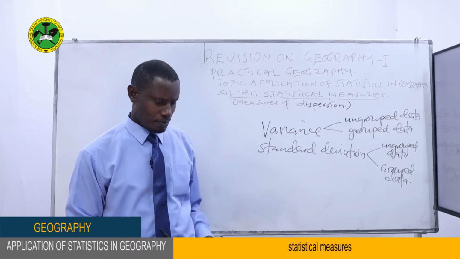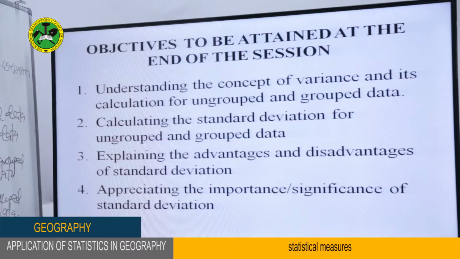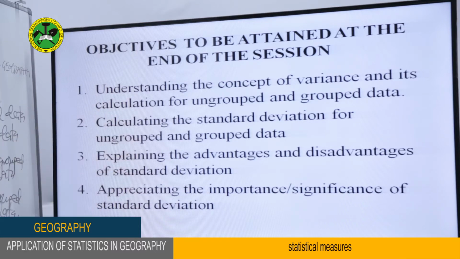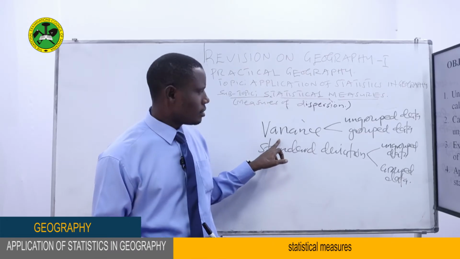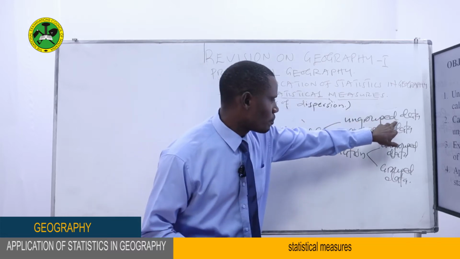But before we proceed with our revision, that revision is intended to attain 3 objectives. The first objective is about understanding the concept of variance. Then we should be able to compute the variance for ungrouped data and grouped data.